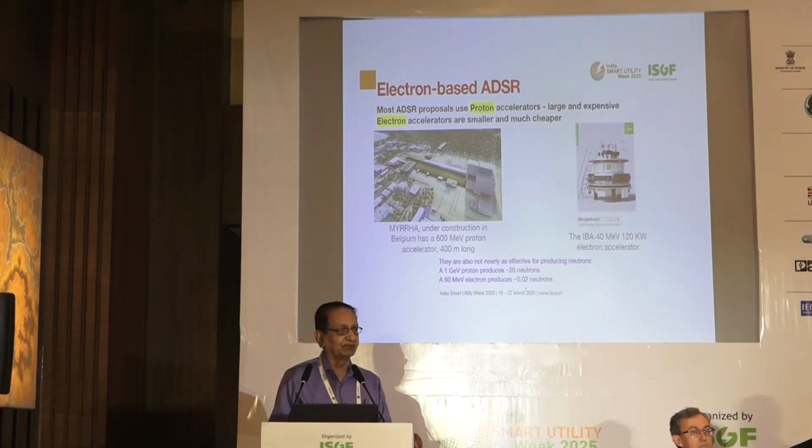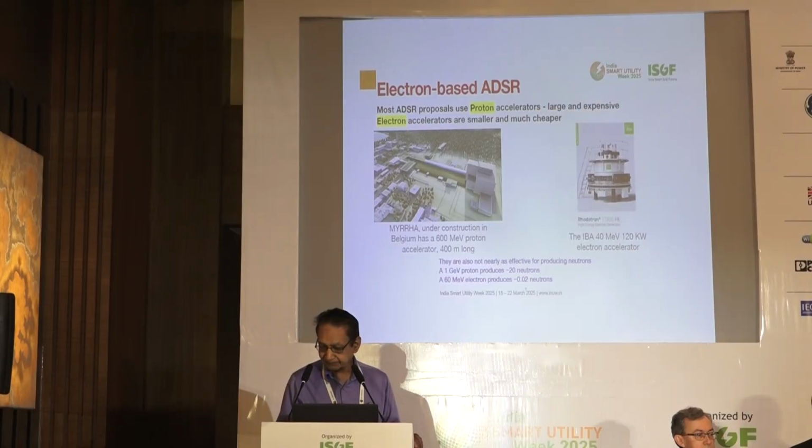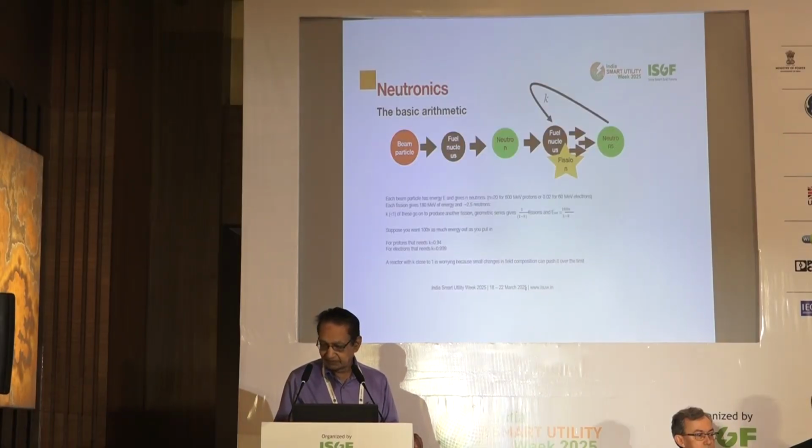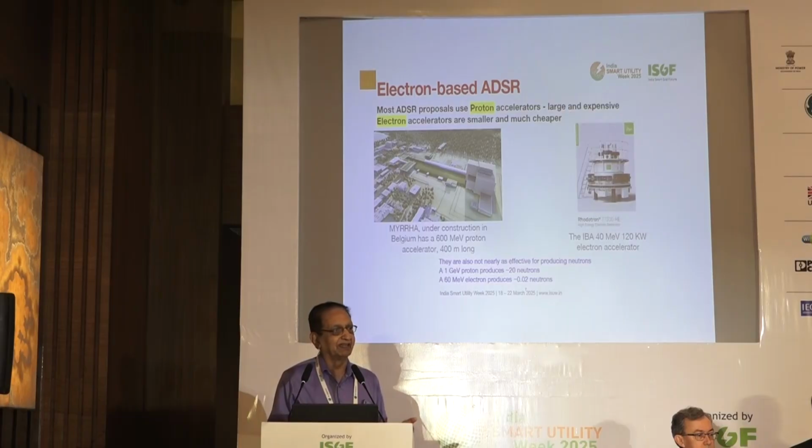So we propose to use this kind of accelerator for adoption in SMR systems. You can see the size of this thing. This accelerator is hardly 3 meter by 3 meter by 3 meter, so much smaller than this conference room itself.